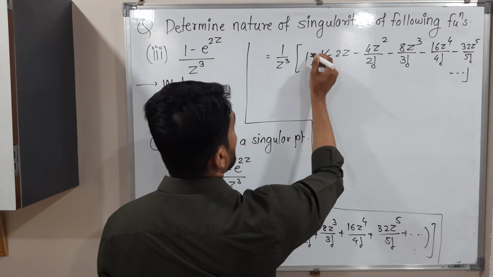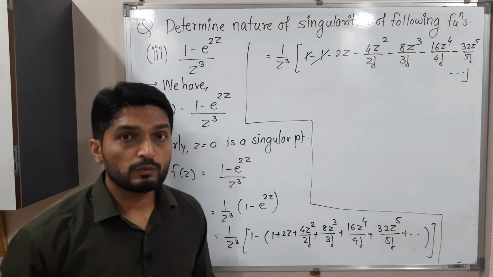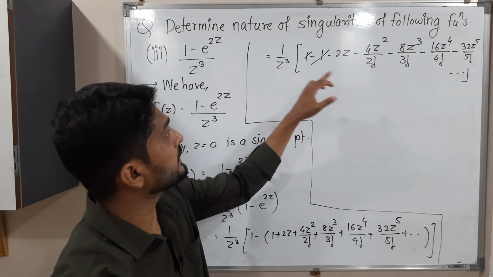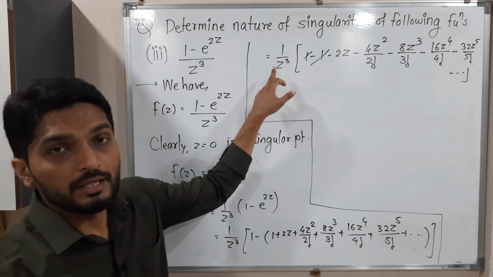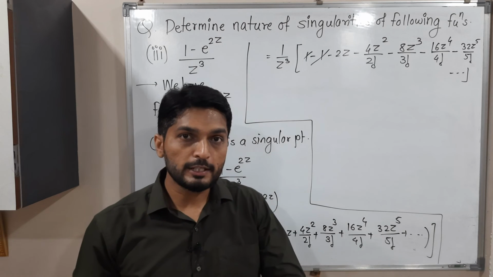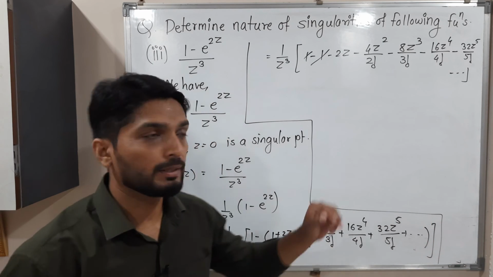See, this plus 1 minus 1 will get cancelled. So my next task is to multiply each term of this bracket by 1 by z cube. That z cube is in the denominator, so it will stay in the denominator when you multiply.